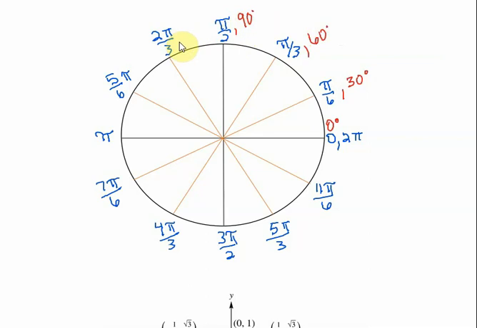This would be 120. This would be 150. This is 180. 7 pi over 6 is 210 degrees.